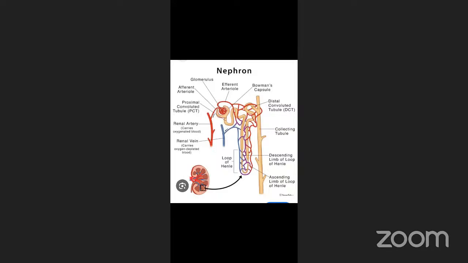Yes, Christian, your hand is up. I was talking about the aldosterone hormone. According to what I know, the aldosterone hormone stimulates the pumping of sodium chloride ions. And so, when the sodium chloride ions are in the bloodstream, they increase the osmotic pressure of the blood, resulting in more reabsorption of water.